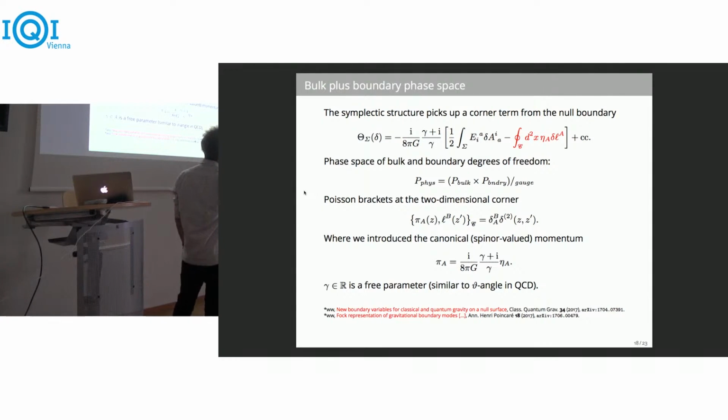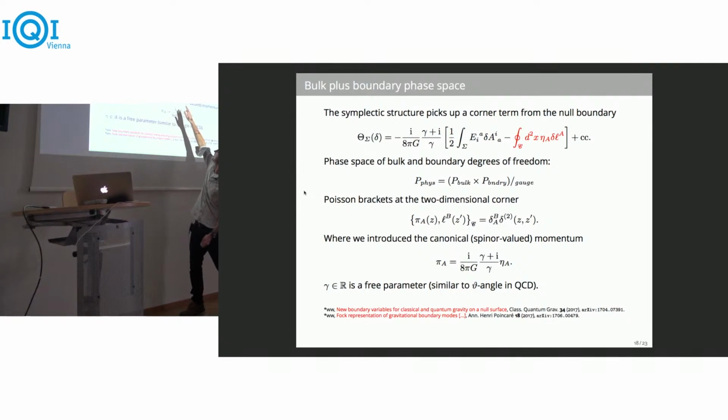But to go to the physical level, to go to the level of the physical phase space means to impose constraints. And these constraints will couple these boundary and bulk degrees of freedom. They will say that the red part is not independent from the part in the interior of the space-time, but related to it by certain constraints.